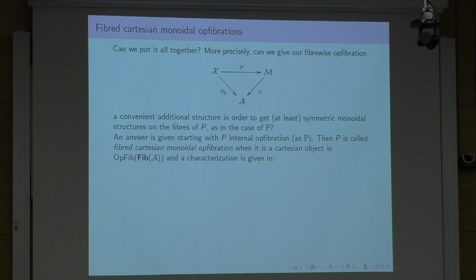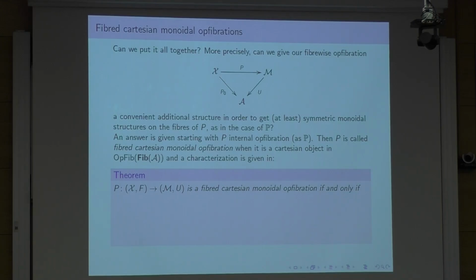And in this case, we recover again Cartesian objects, and this P is called a fibred Cartesian monoidal opfibration when it is a Cartesian object in the category of internal opfibrations in the two-category of fibrations over Grph. And of course, it's just a name, but we have a characterization of such internal opfibrations.